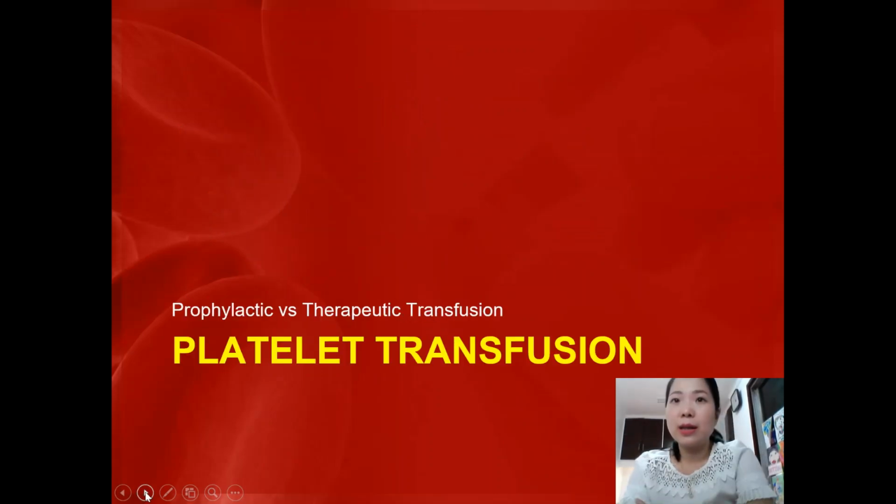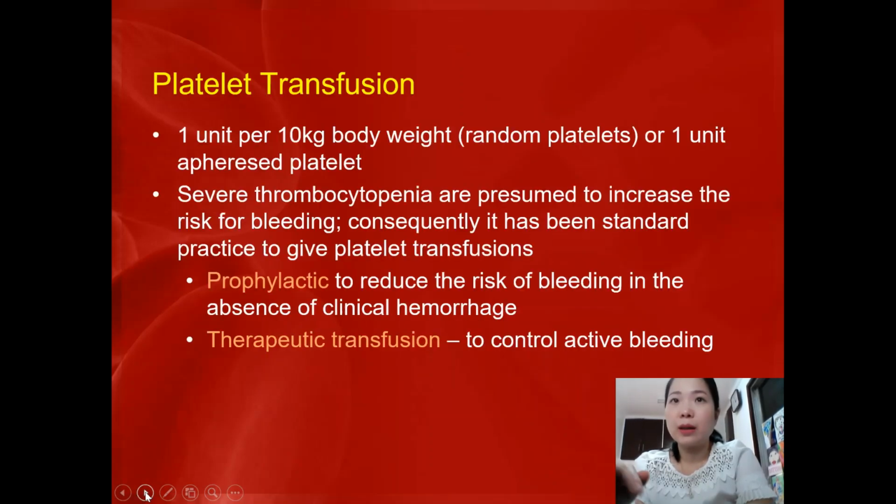So the next topic would be on platelet transfusion. Platelets are transfused by giving 1 unit of random platelet per 10 kilogram body weight or 1 unit of apheresed platelets. Now there are 2 types of platelet transfusions. You have first your prophylactic transfusion and second would be the therapeutic transfusion.